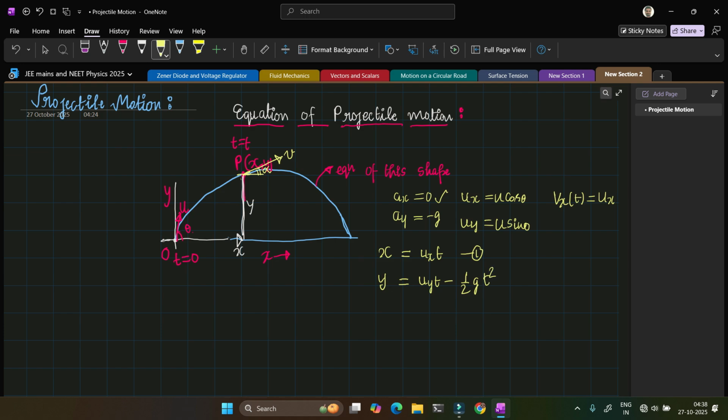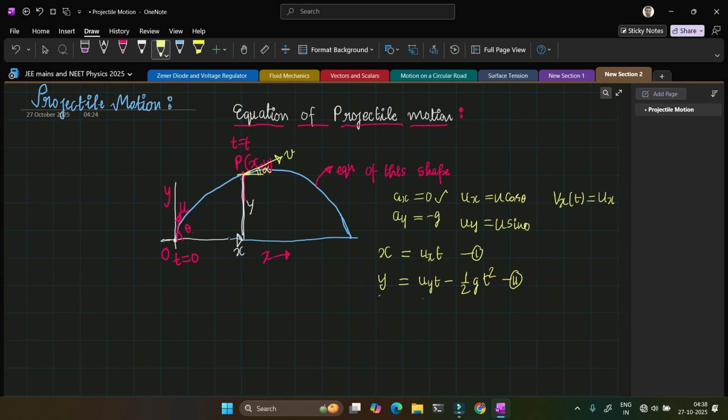So we get these two equations. Equation 1 is always true because there is no acceleration in the x direction. That's why any horizontal distance traveled from the point of projection is always ux into time passed, and vertical distance y will be uy t minus 1 by 2 g t square.